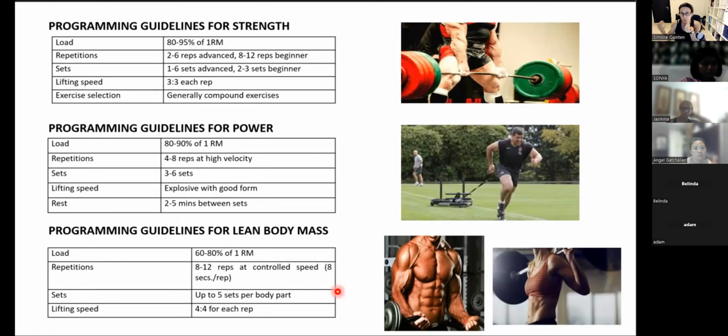Otherwise, you're not able to lift weights. But programming for strength is different than programming for power, and different for hypertrophy. Okay, so lean body mass means hypertrophy training.